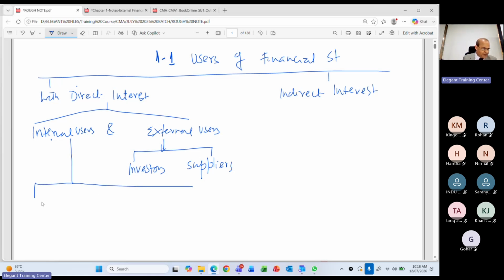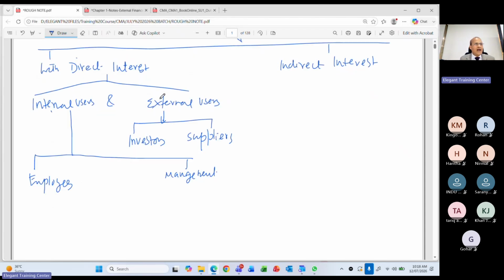Your employees and management. Employees and management are internal users, right?